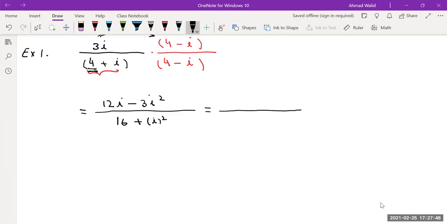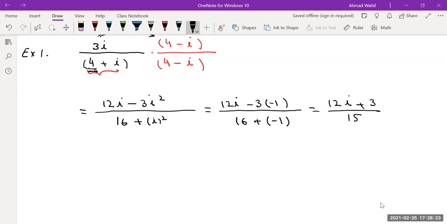Then I'll end up with 12i in the numerator minus 3 times -1, over 16 plus, what is i squared? -1. Simplify, which gives you 12i, negative times negative, positive 3, over 16 minus 1 gives you 15.